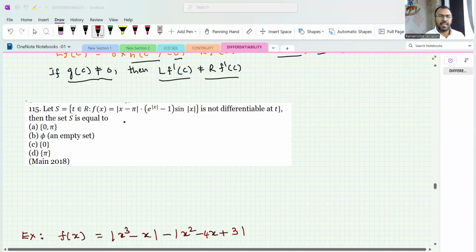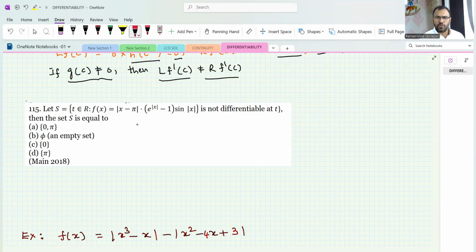Here is an example from a previous JEE Main. Here you see that we have so many modulus functions, and looking at the problem we may be scared, but it's not at all difficult.